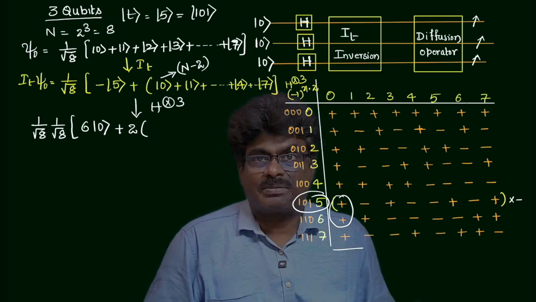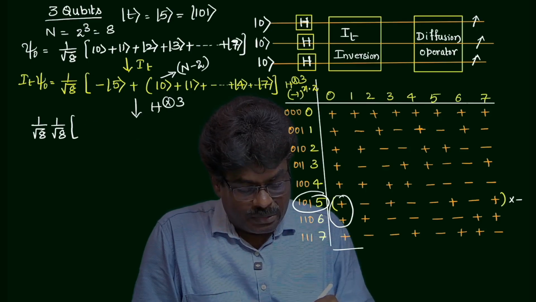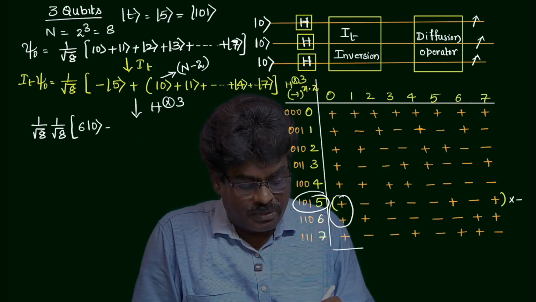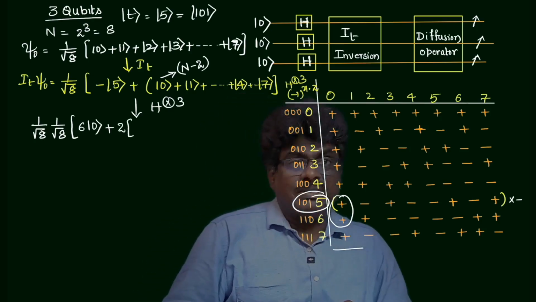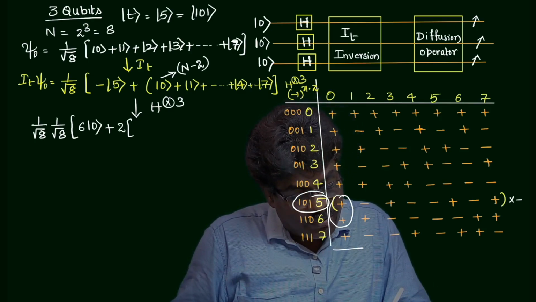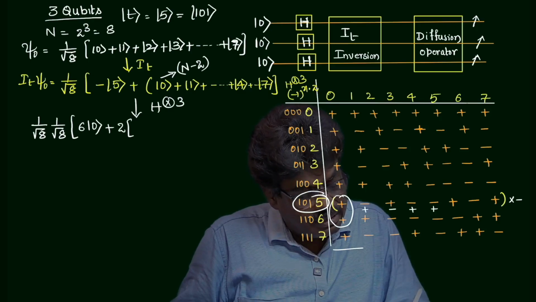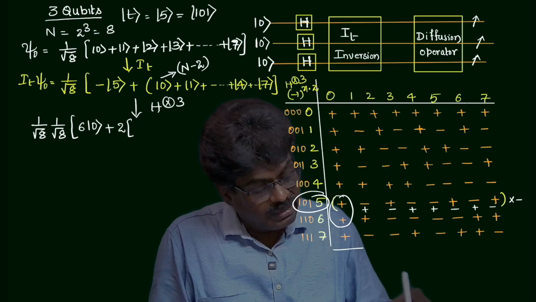What about phases? For this also no need to worry. So this is a 6 times 0 plus 2 times remaining. What about the phases? I told you already. After multiplying with minus, here 1 will become plus, minus, plus, plus, and minus, plus, minus. Take those phases.